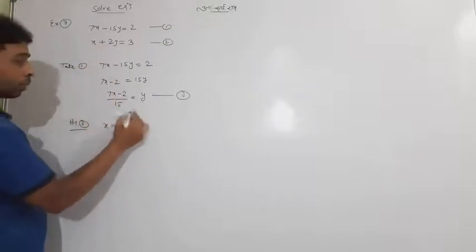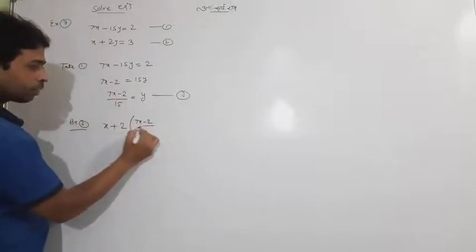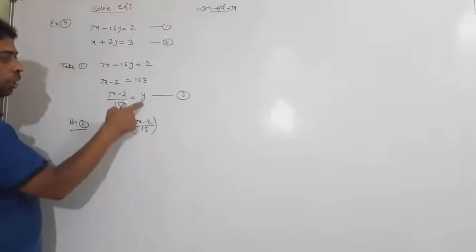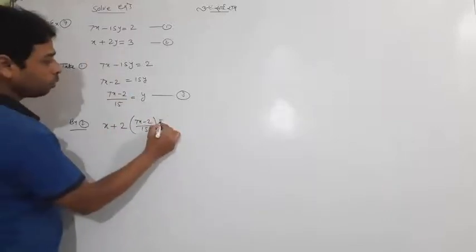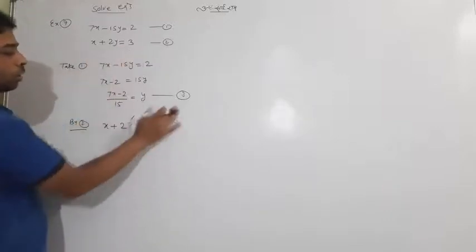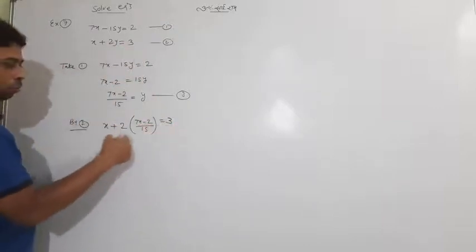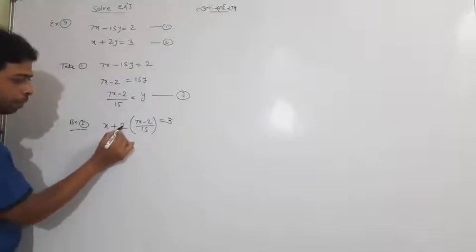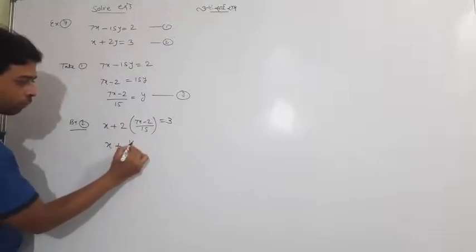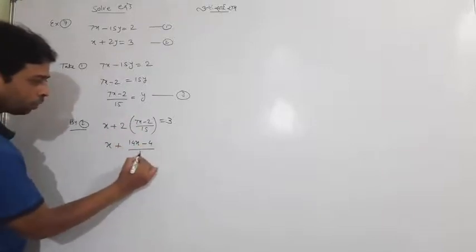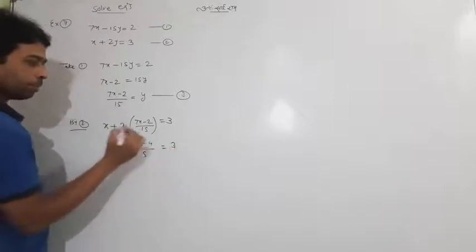So what is y? This one, (7x minus 2) upon 15. Instead of y, I have written this, equal to 3. Now x plus, multiplying 2 into the numerator: 2 sevens are 14x, 2 twos are 4, upon 15, is equal to 3.